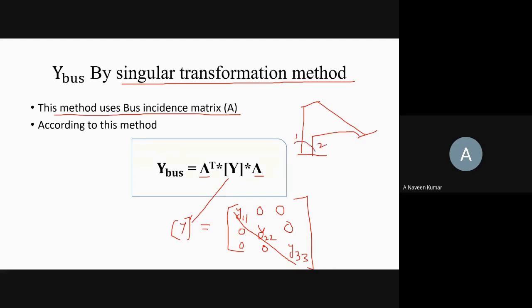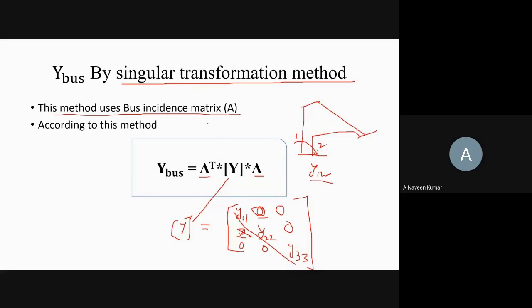If there is a mutual impedance between elements 1 and 2, then there exists an element small y12, and also y21. If the problem specifies a mutual impedance, then these elements will not be zero. We replace them with the given values from the question. While solving, I'll explain this, no problem.